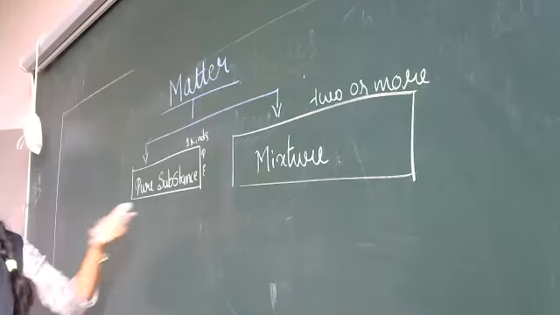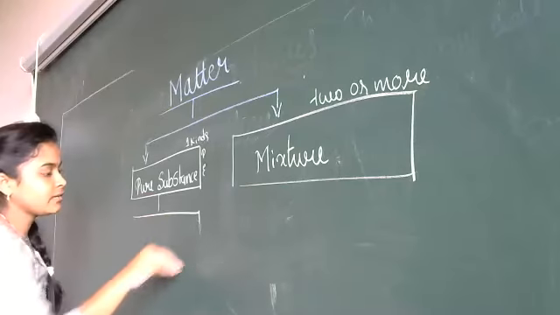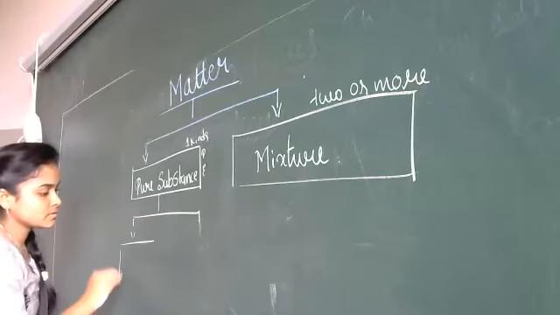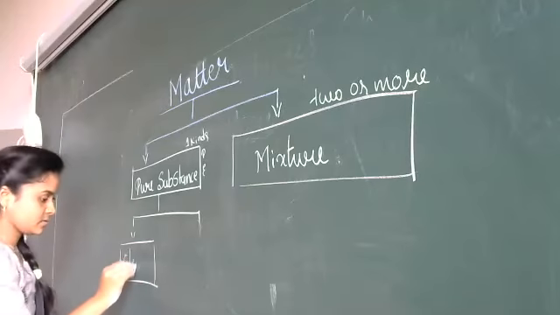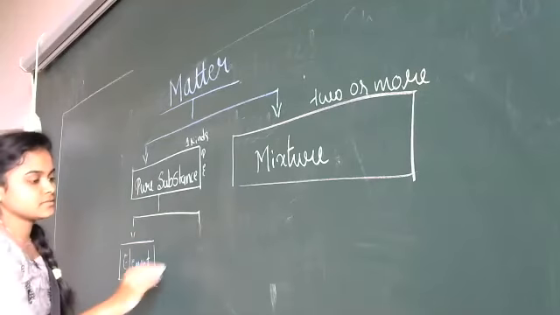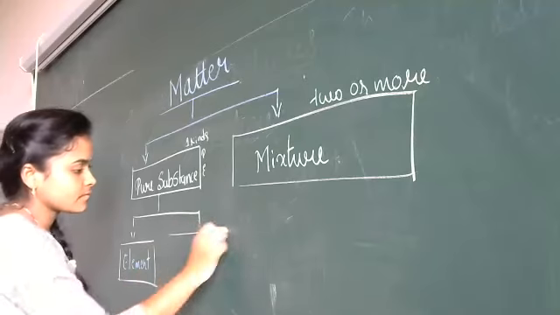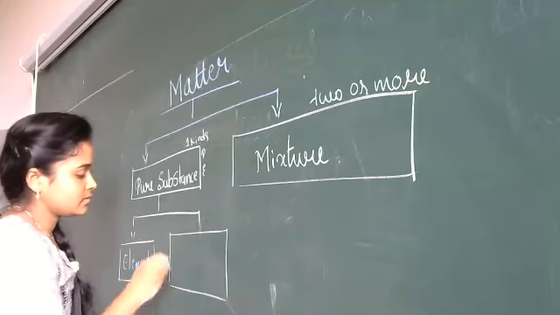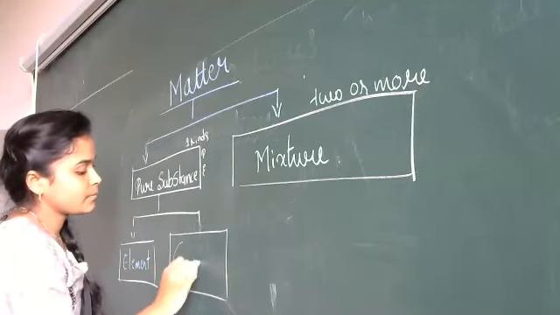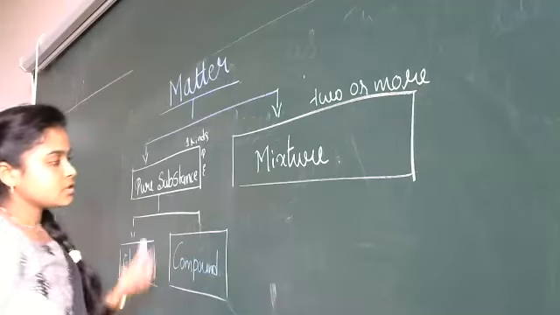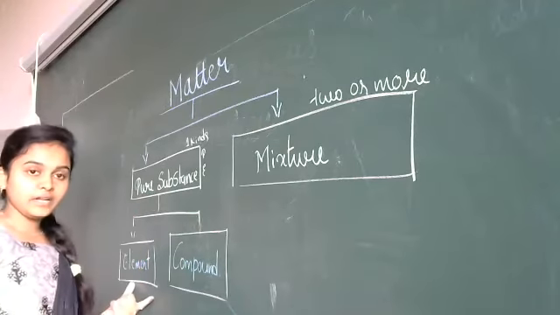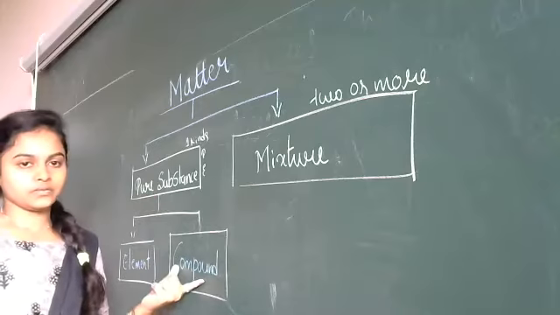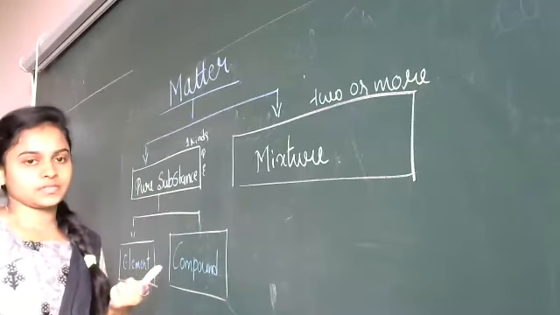Next, under pure substance we have what? Element, and compound. So a pure substance is made either of elements or compounds. That is why it is called a pure substance.